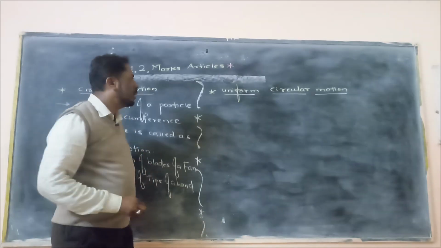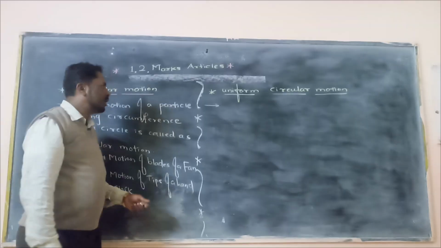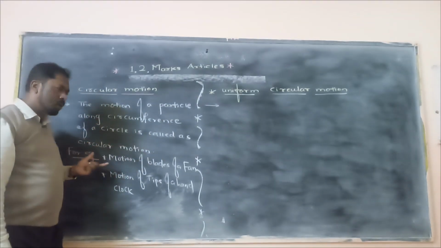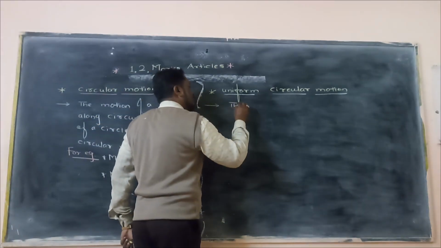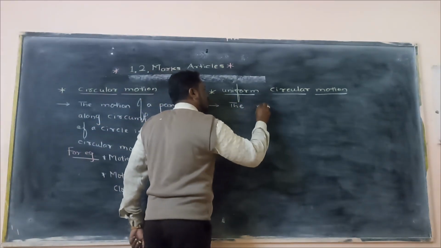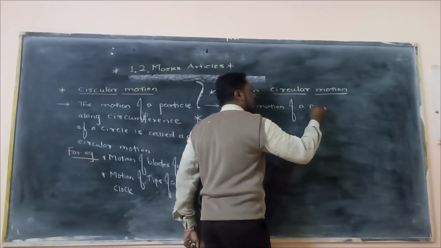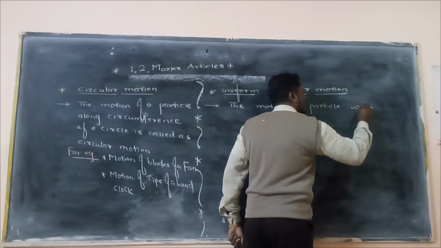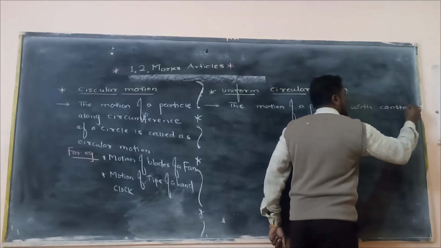We are well familiar with circular motion, the motion of a particle along the circumference of a circle. Same here, but the important difference is that the motion is with a constant speed.